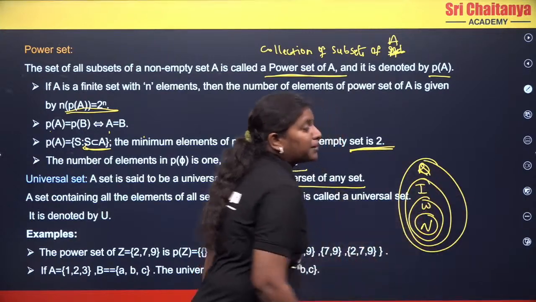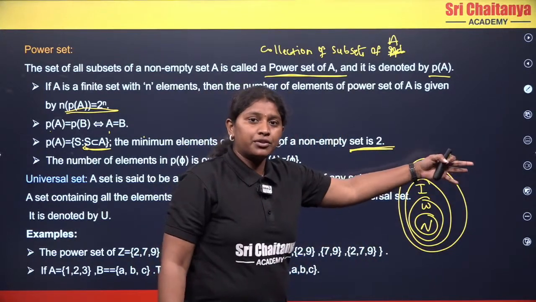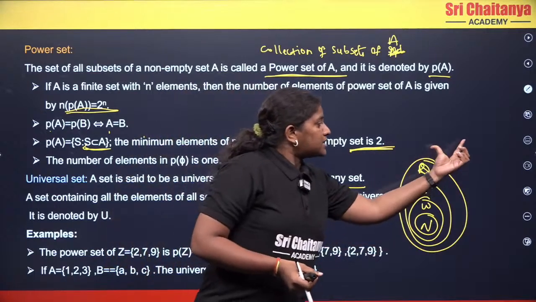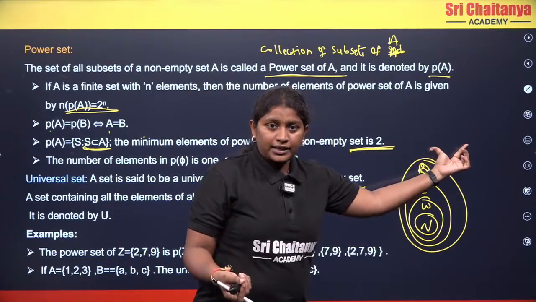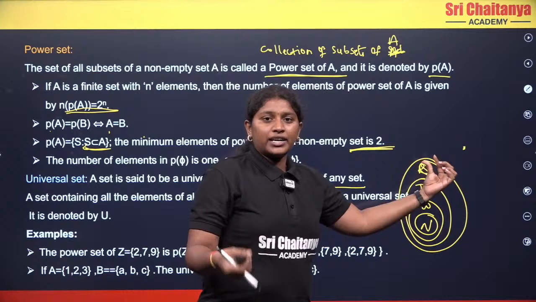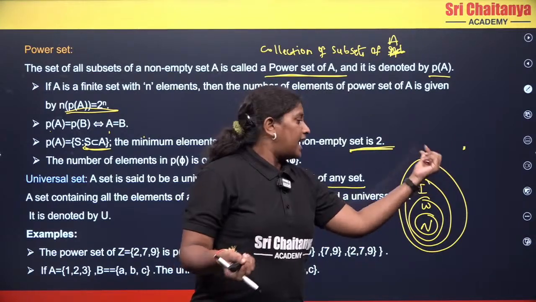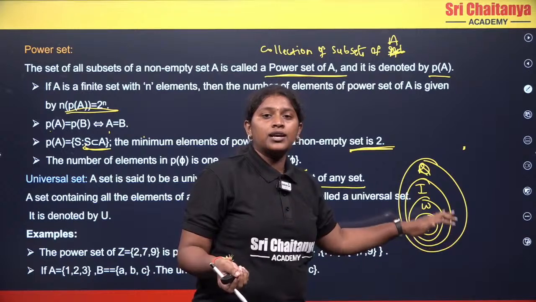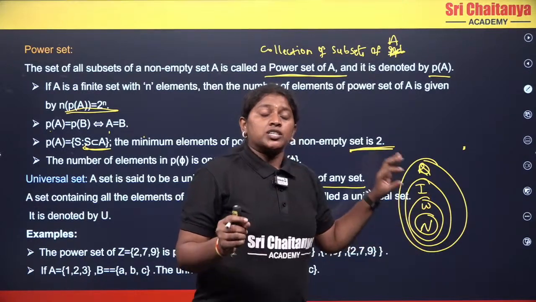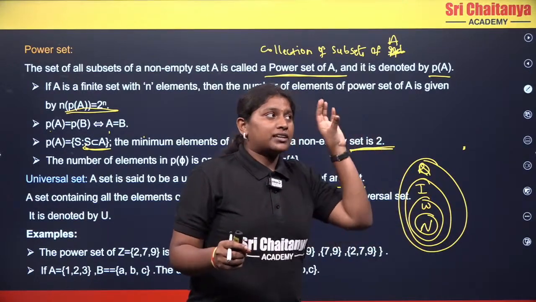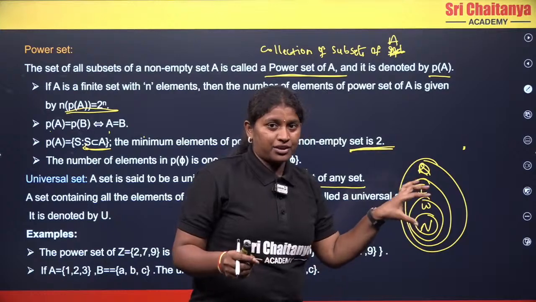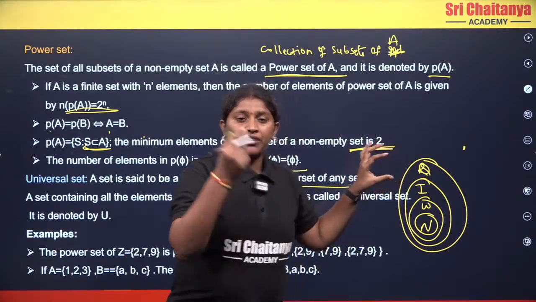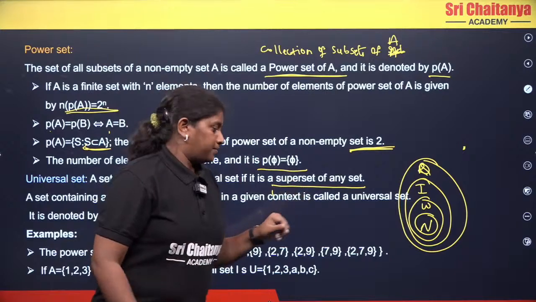And then we have the irrational numbers, and then the real and complex numbers. So this number system becomes your universal set, and the rational, irrational, real, complex numbers, integers, whole numbers and natural numbers all become your subsets. So whatever universal set we have becomes the superset of all the sets with respect to that common property.